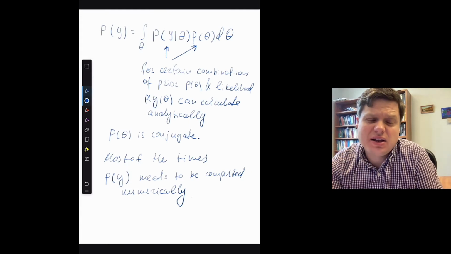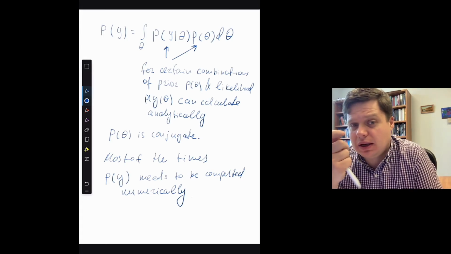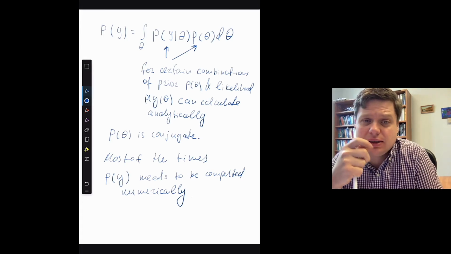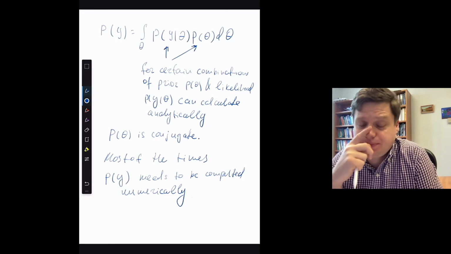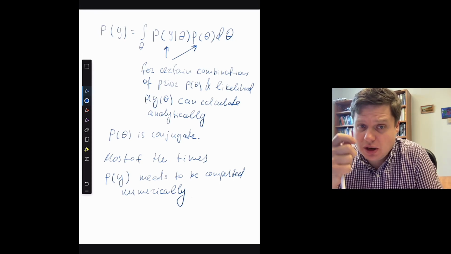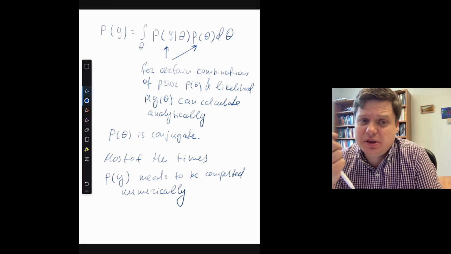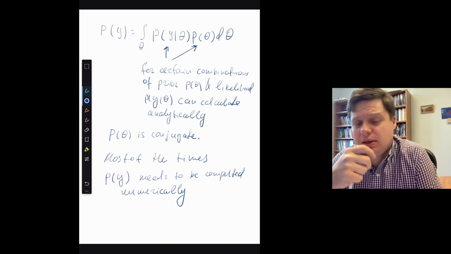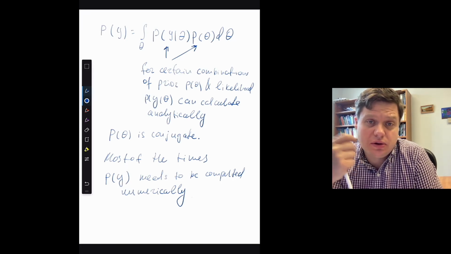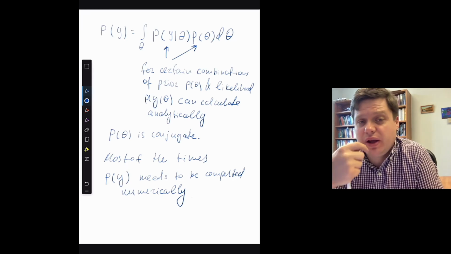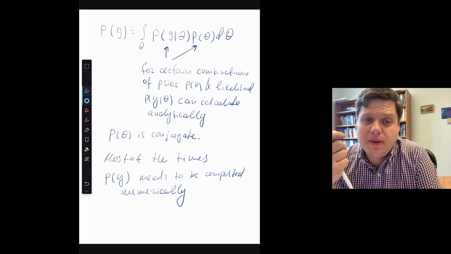However, in most of the practical cases, the conjugate priors are not a good description of the data or not a good description of the model, because you really have a very limited choice of priors and likelihoods to guarantee the conjugacy, and this limited choice is typically not practical. So in a lot of the practical applications, we do not have an analytical solution, and we have to calculate it numerically somehow.